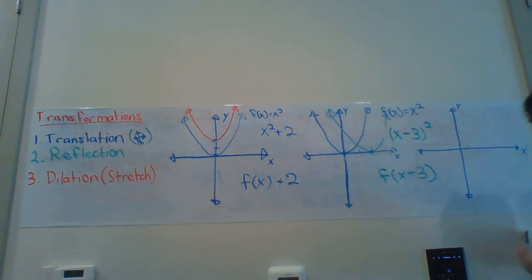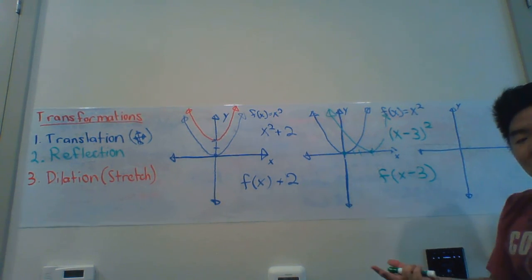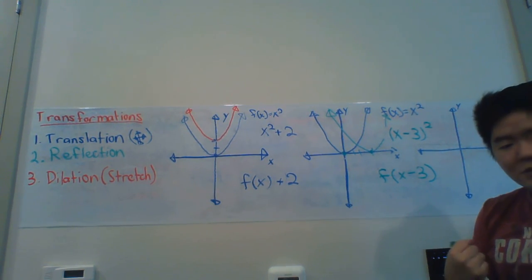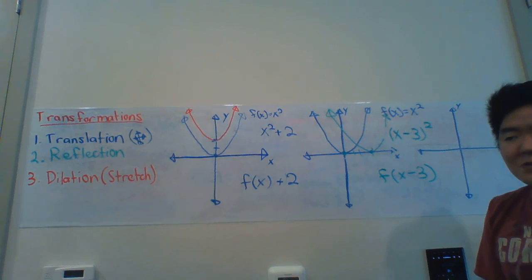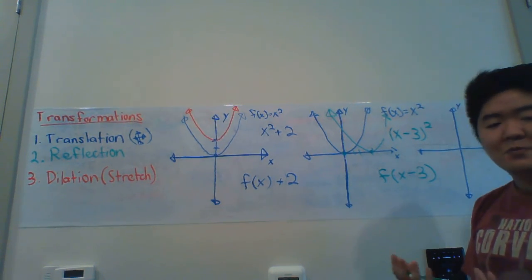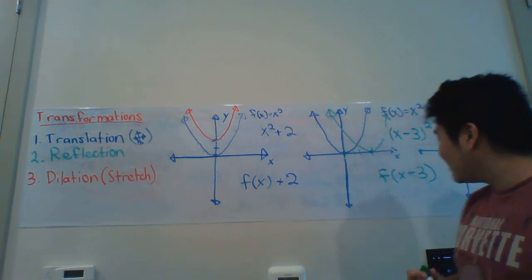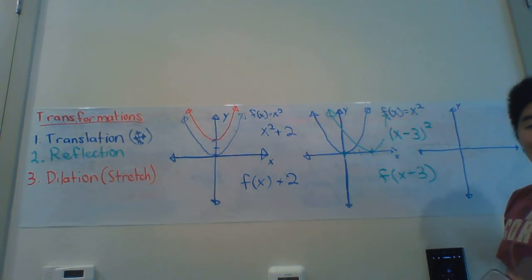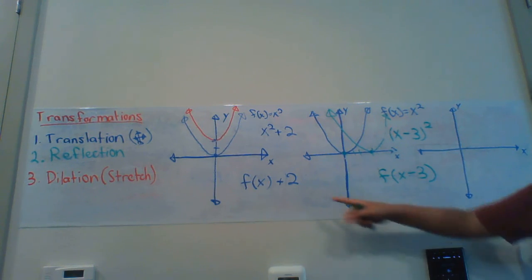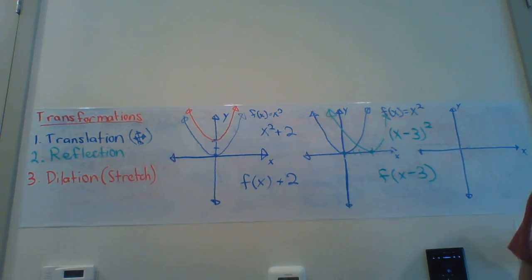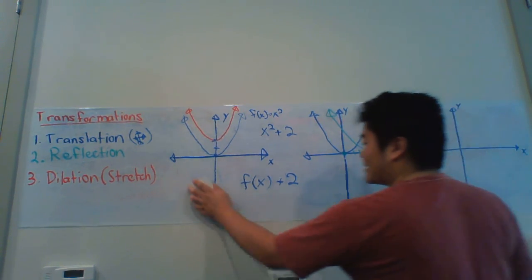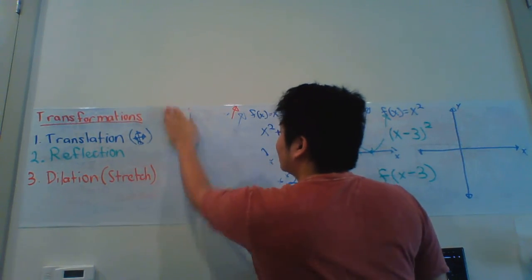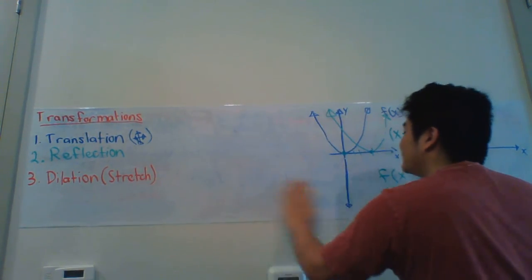So pretty much rule of thumb, whatever stays in the parentheses will stay in the parentheses. Whatever is outside the parentheses is going to stay outside of the parentheses. And that's kind of that rule of thumb. So that is translations in a nutshell, right? I can combine these, of course, and we'll go over a little bit of that at the end. But let's go on to some reflections.